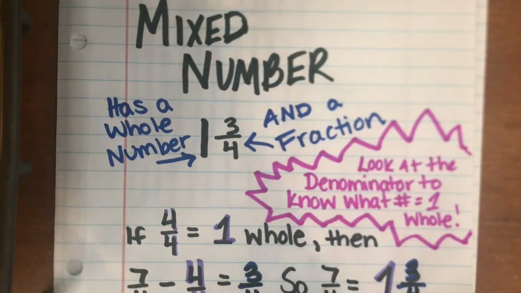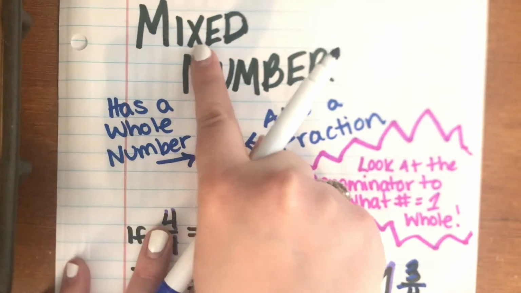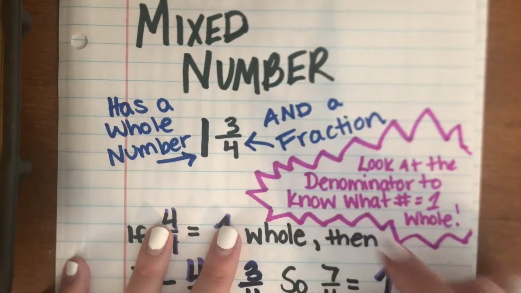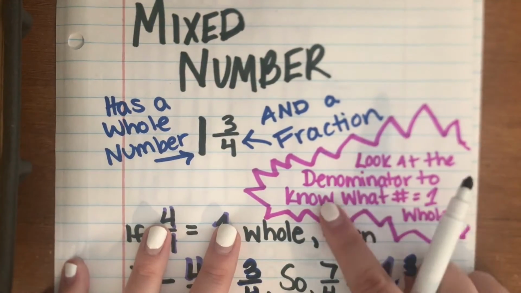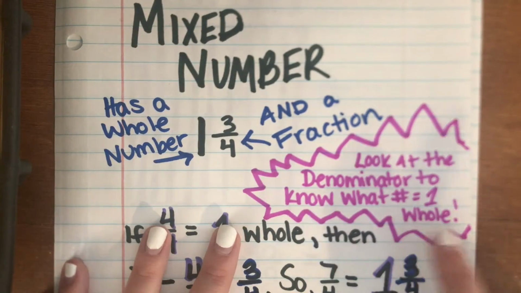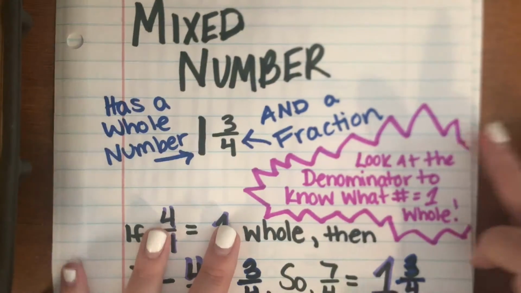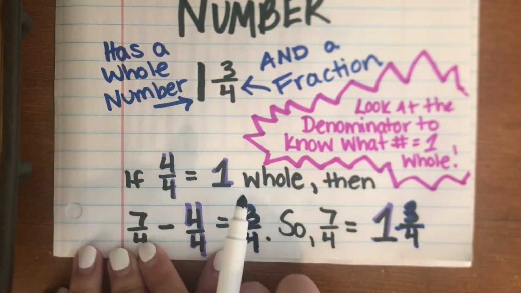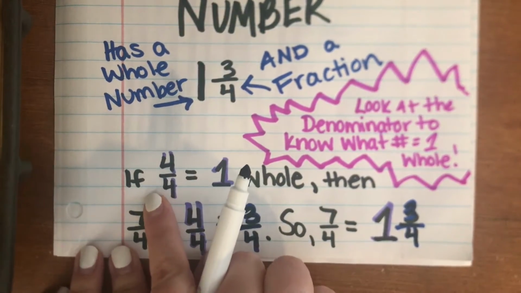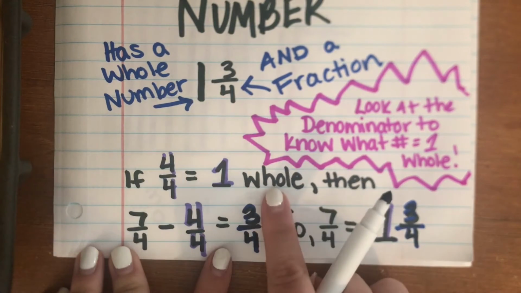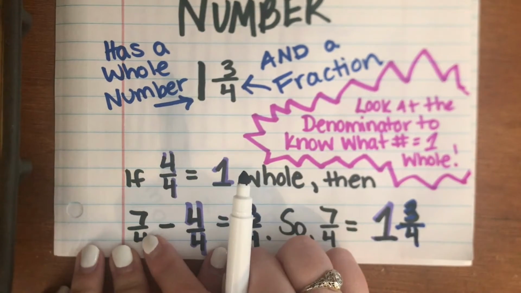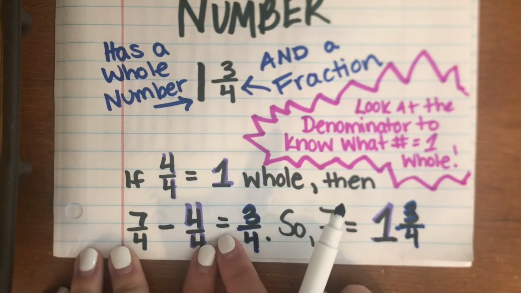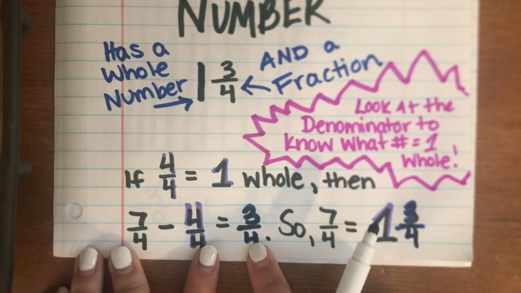Well, we have something called a mixed number, something that has a whole number and a fraction. If you look at the denominator, that will tell you what is equal to one whole. So, for example, in the number 7/4, we know that 4/4 equals one whole, so if we take 7/4 away that one whole of 4/4, we'd be left with 3/4.